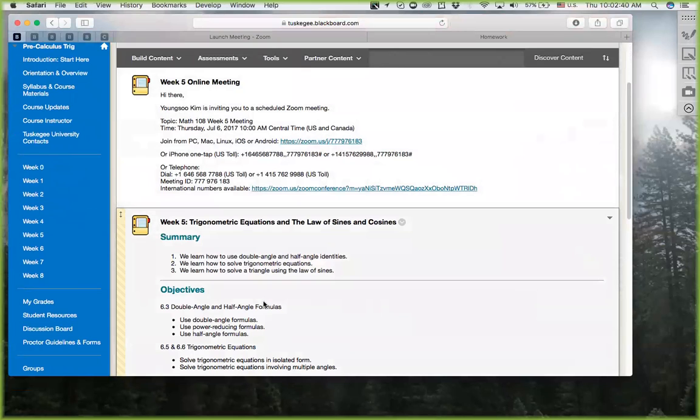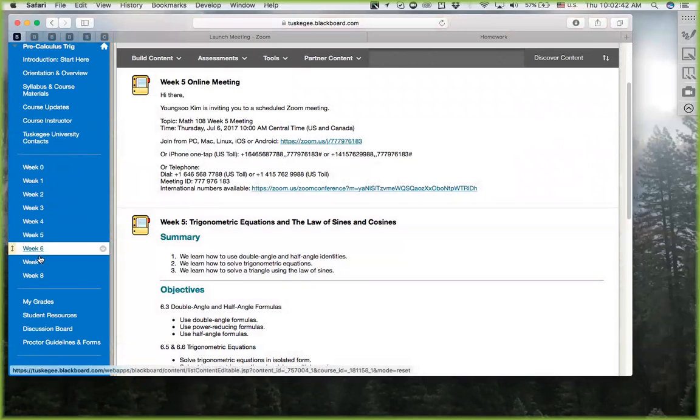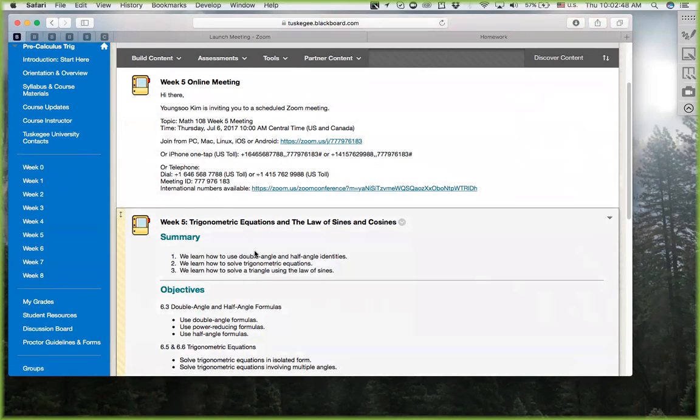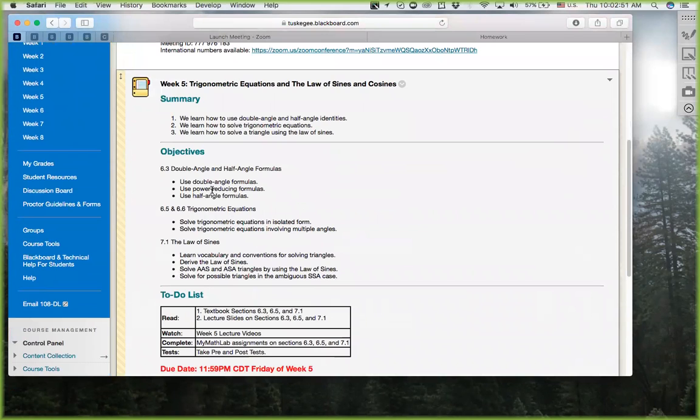We have only 3 weeks left, week 5, 6, and 7. And week 8 is just the final exam. So in week 5, you are studying a few more topics in trigonometry. So there are a few more formulas for double angle and half angles.